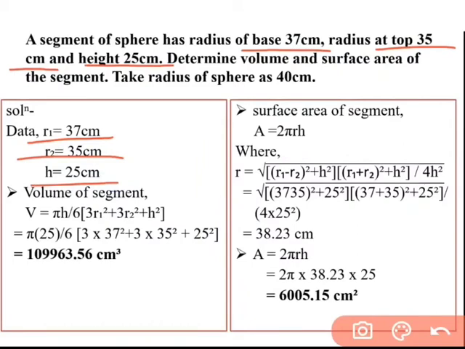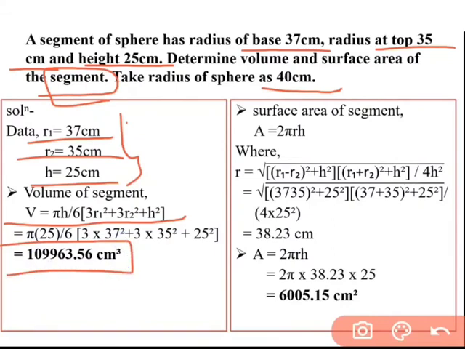Determine the volume and surface area of the segment. Take the radius of the sphere as 40 centimeter. So first find out the volume of the segment. Write down the equation of volume of a segment. Put the value in the equation. So we get the answer of volume of the segment V.